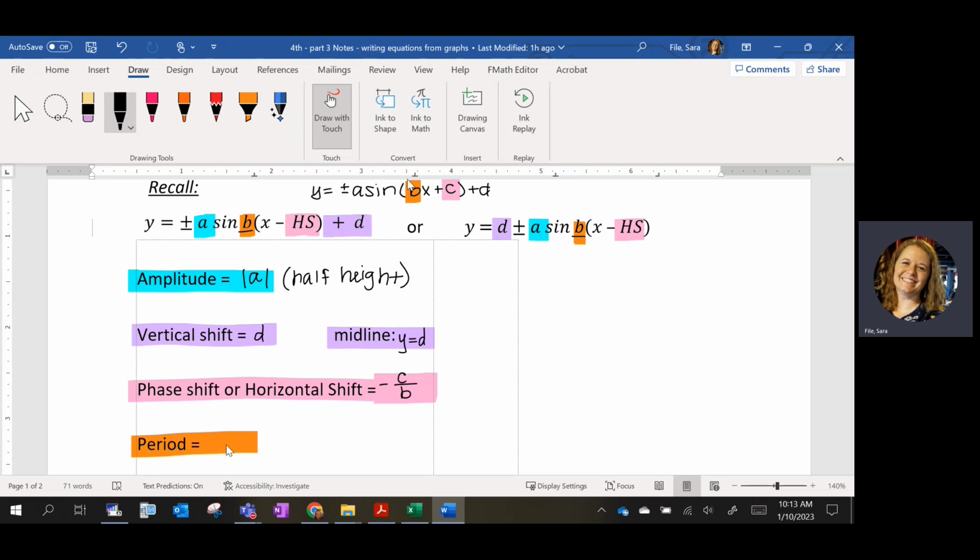The B value is not the period itself. So it's 2 pi divided by B. Or if we're going to work in degrees, which we will sometimes, your practice today is going to be about half in degrees, half in radians. What is 2 pi if I convert to degrees? 360. So it could be 360 divided by B if you were in degrees.